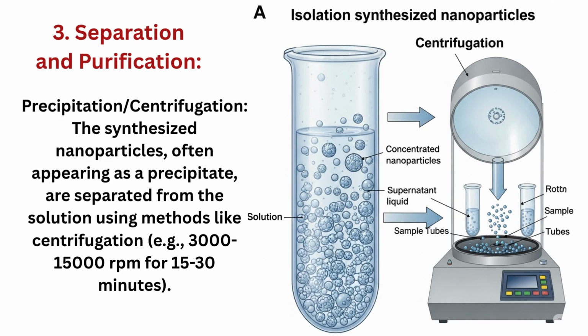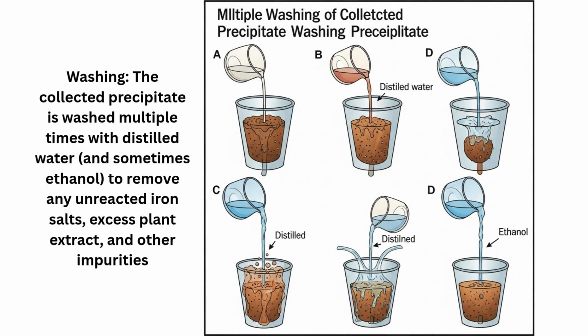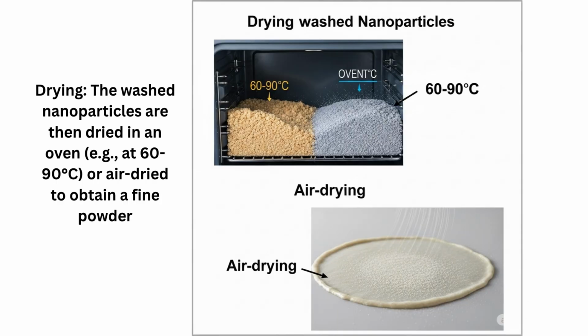3. Separation and purification. Precipitation, centrifugation: the synthesized nanoparticles, often appearing as a precipitate, are separated from the solution using methods like centrifugation, e.g., 3,000 to 15,000 revolutions per minute for 15 to 30 minutes. Washing: the collected precipitate is washed multiple times with distilled water, and sometimes ethanol, to remove any unreacted iron salts, excess plant extract, and other impurities.